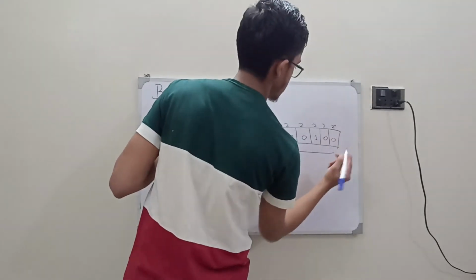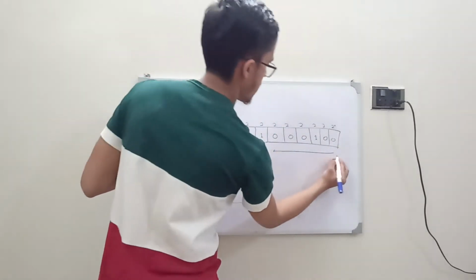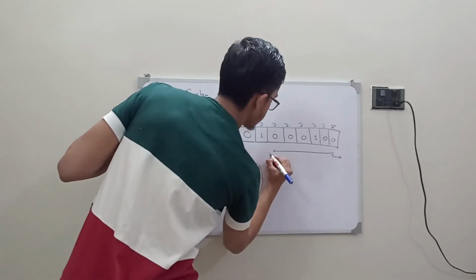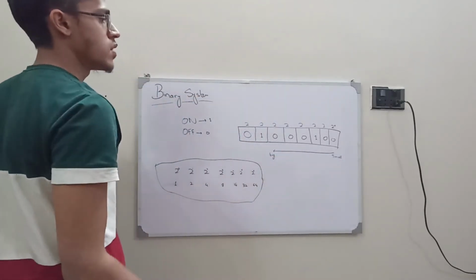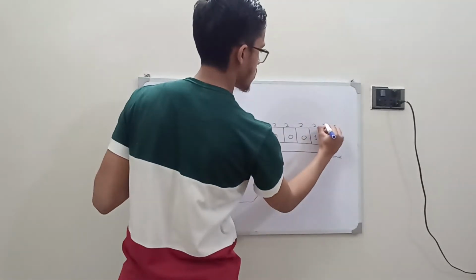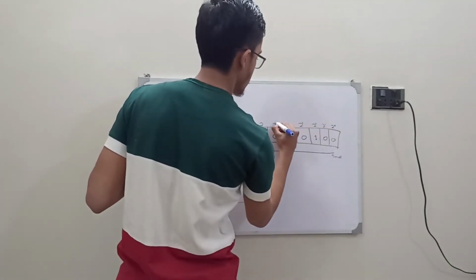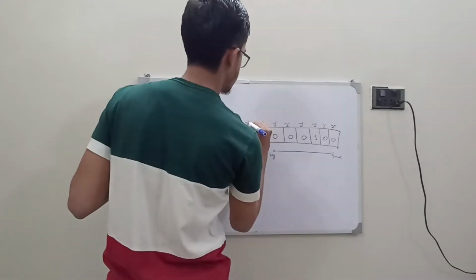Since we go from right to left, the numbers get from small to big. So here: 2 power 0, 2 power 1, 2 power 2, 2 power 3, 4, 5, 6, 7.